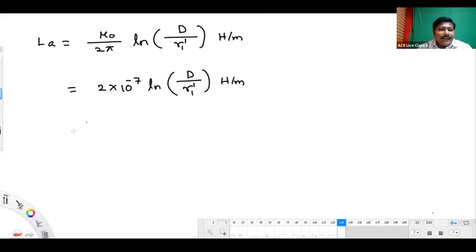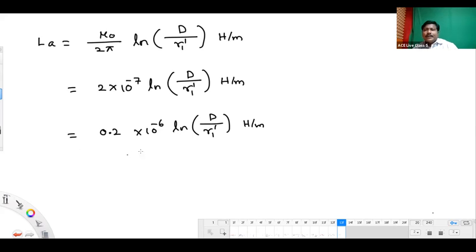And I'll write this like 0.2 into 10 power minus 6 natural logarithm d by r1 dash Henry by meter. Like this you can write 0.2 into 10 power minus 6 ln of d by r1 dash Henry by meter. The 10 power minus 6 you take aside. You can write it as microhenry by meter or millihenry by kilometer.